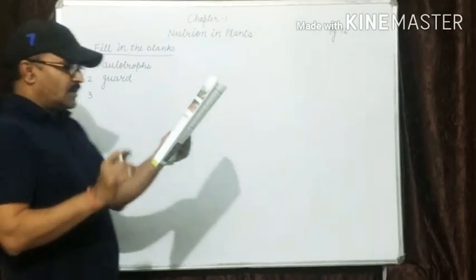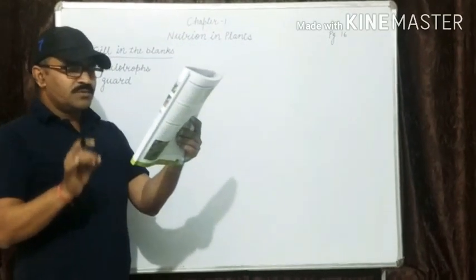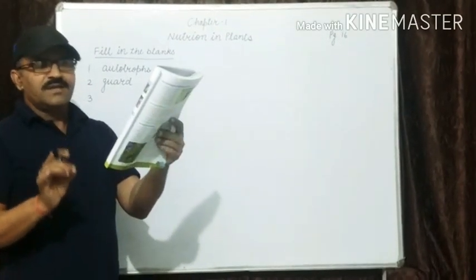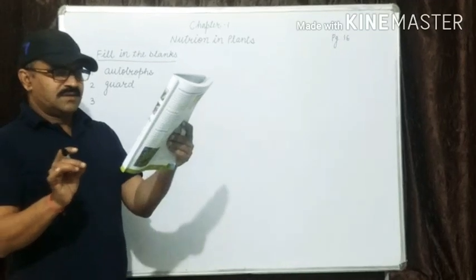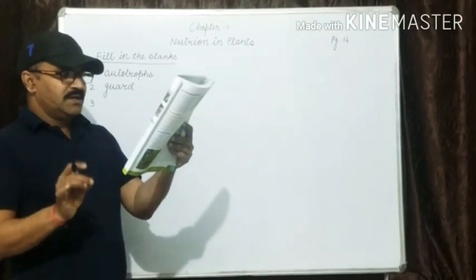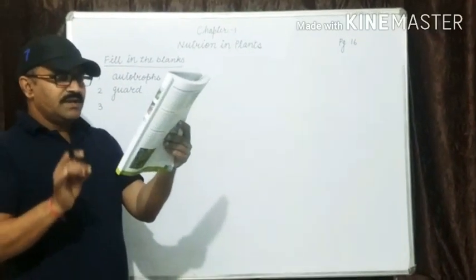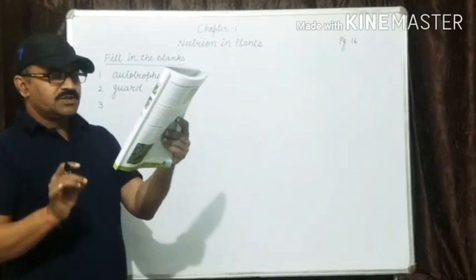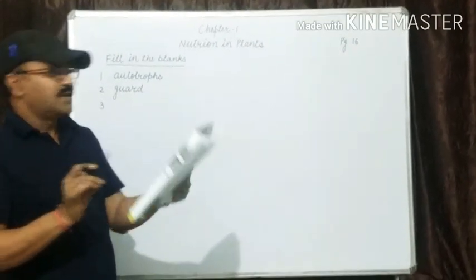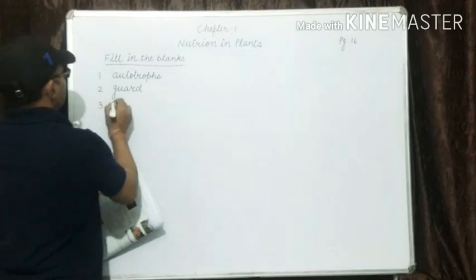Third, chlorophyll is present in structures called dash. Answer is chloroplast.